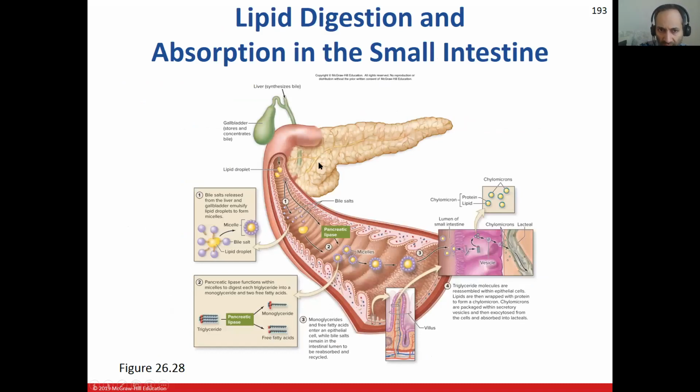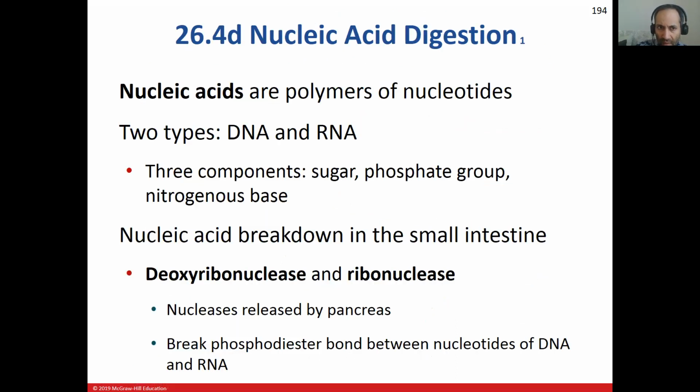So here in this picture, you can see the bile emulsifying fats, and also the pancreatic lipase, lingual lipase, gastric lipase, all of those breaking down fats into these small particles called micelles, which can be easily absorbed and assimilated across the small intestine, as you can see here.